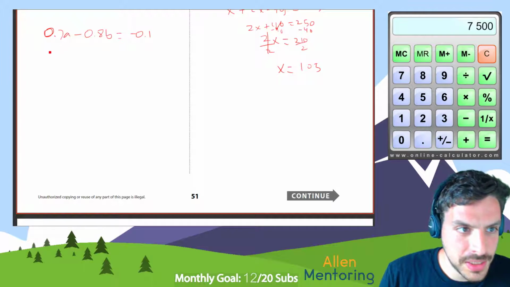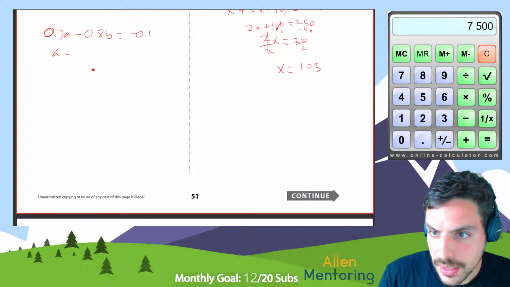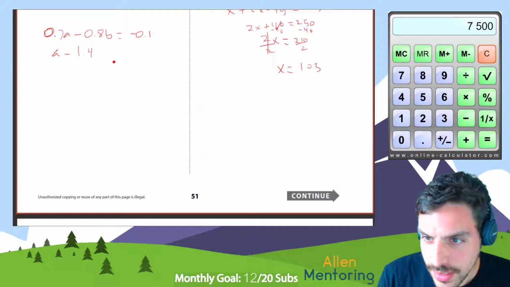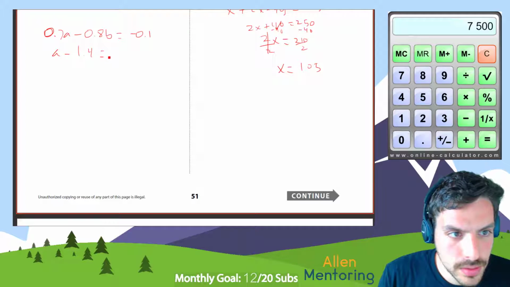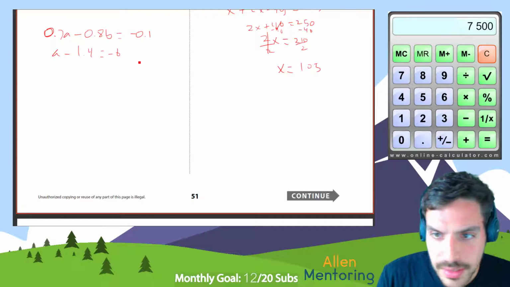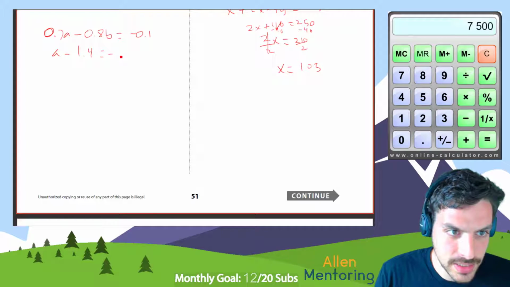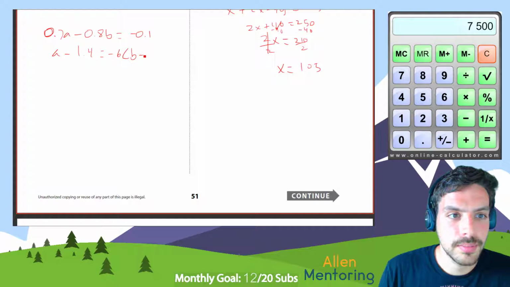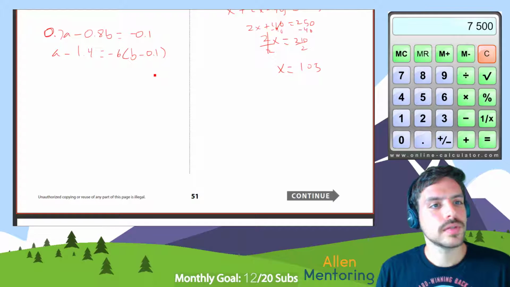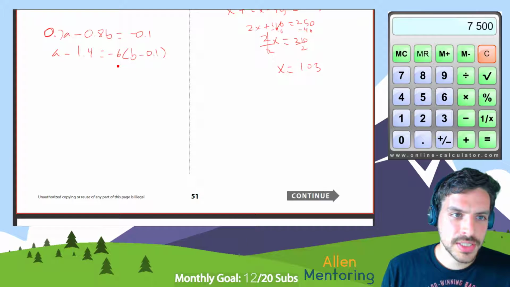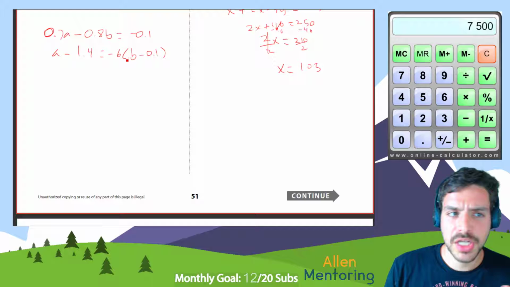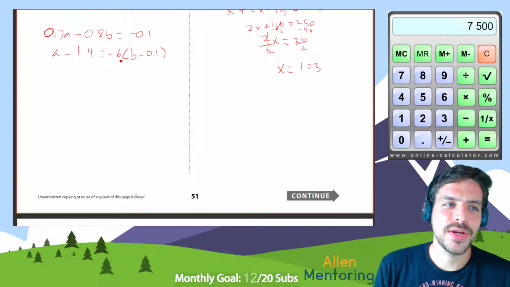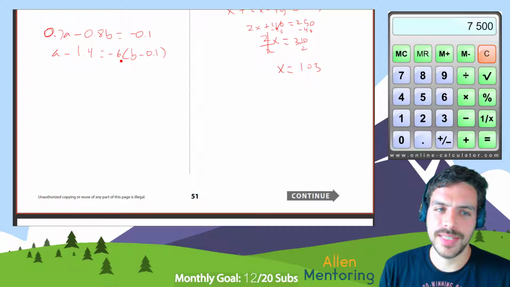And our second equation is a minus 1.4 is equal to negative 6 times b minus 0.1. Okay, so this is our system of equations, and it's pretty much done like any other system of equations problem. The only extra annoyance is that we're dealing with decimals.